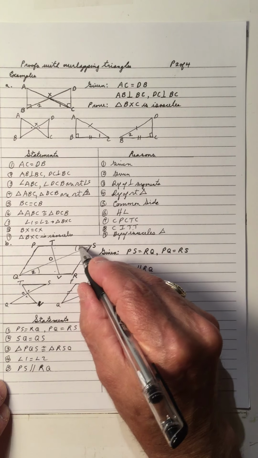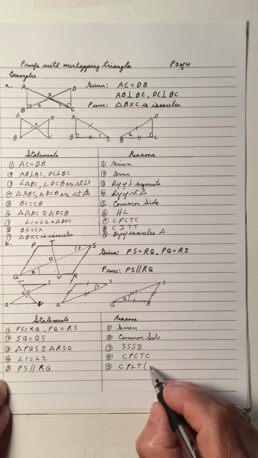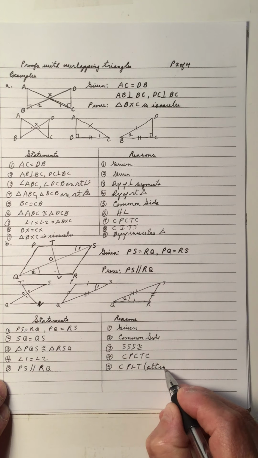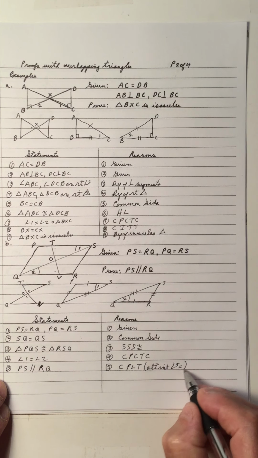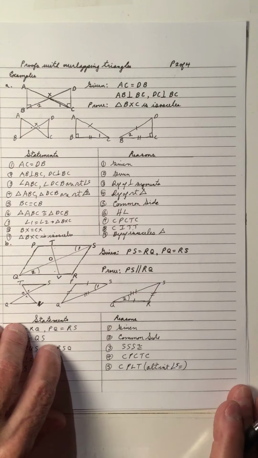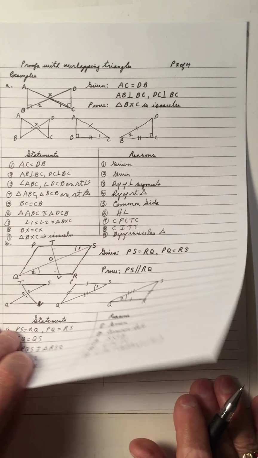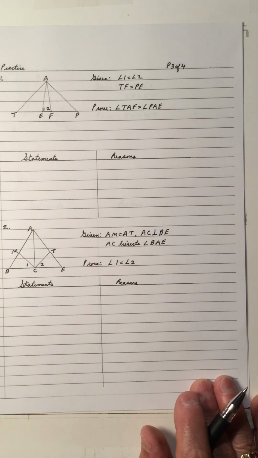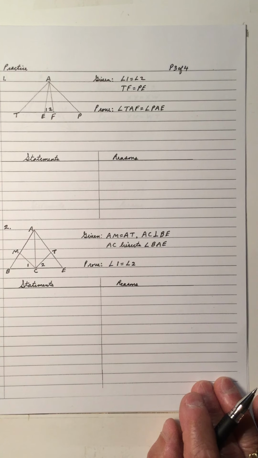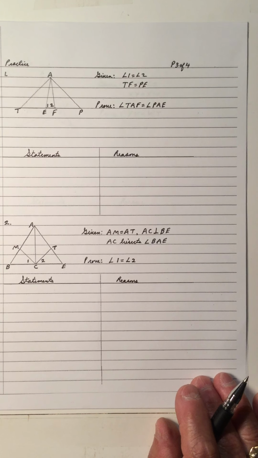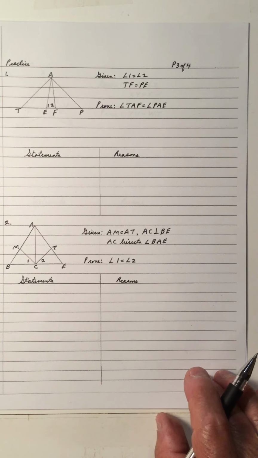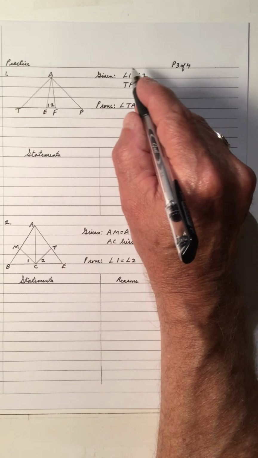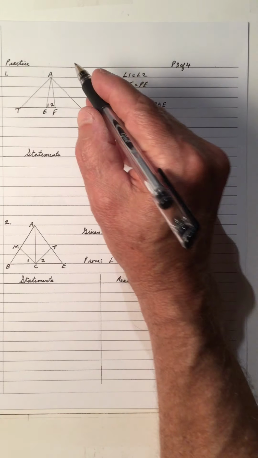And these angles are forming a Z, so it's alternate interior angles equal. Okay, so we have a couple of proofs done. And don't forget, at any time, you may pause your video and work the proofs out yourself. Let's try these two. I got two on this page.